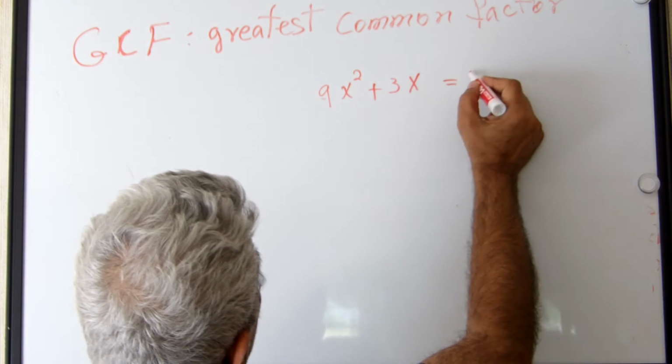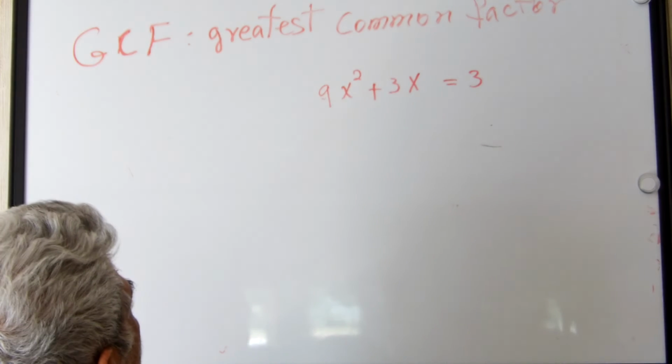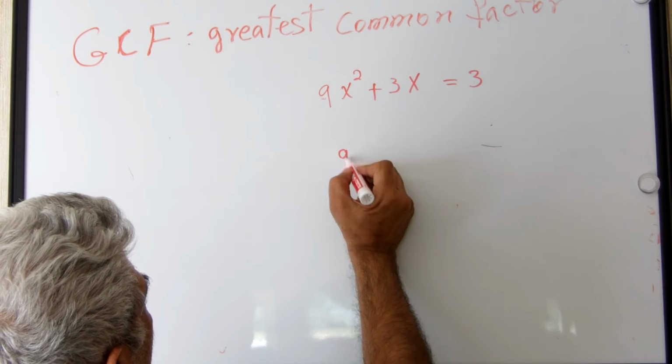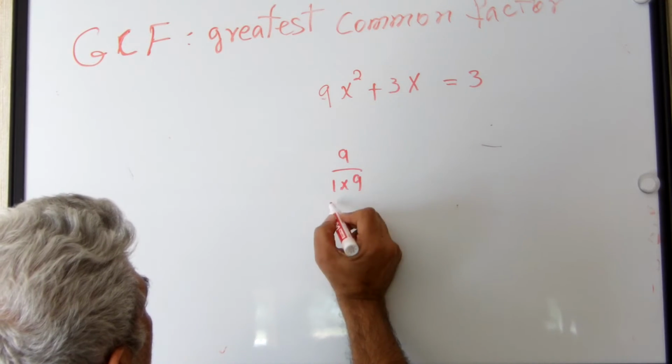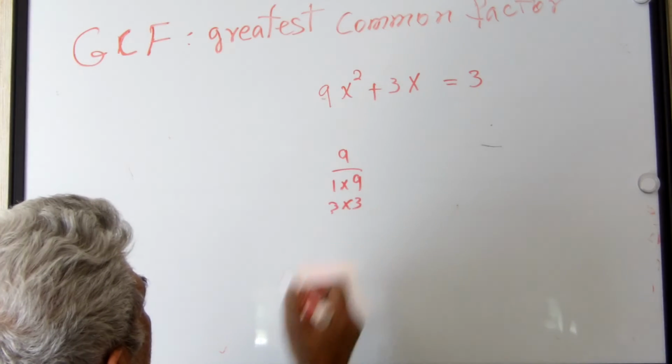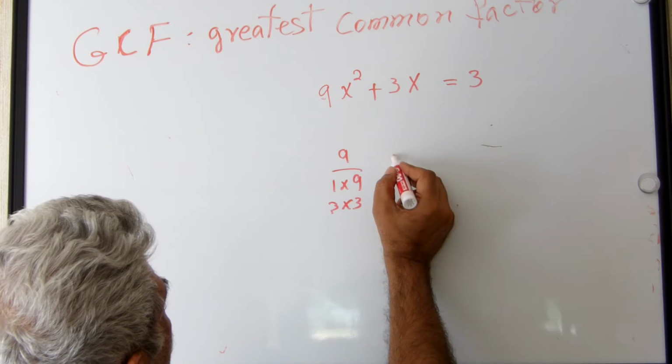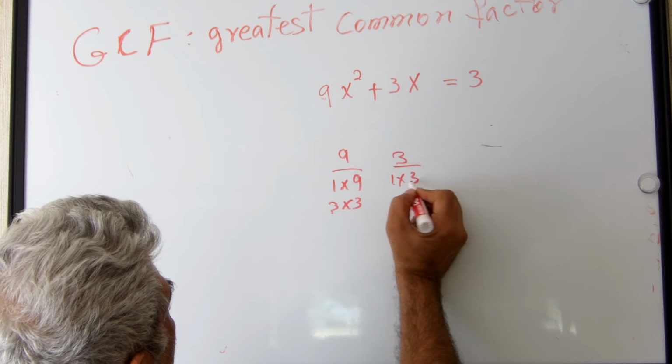You want to factor, you say 3 is the common factor for these. We write it down. 9 is going to be 1 times 9, 3 times 3, and then there is no other thing. And for 3 is only 1 times 3.